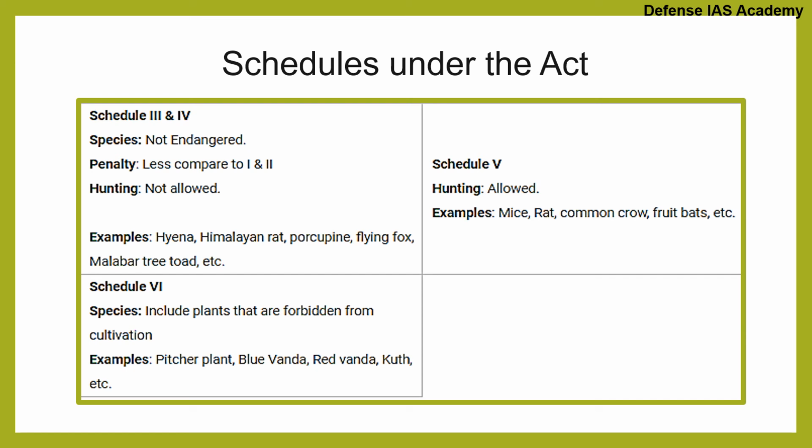Now the last schedule, Schedule 6, provides for regulation in the cultivation of specified plants and restricts their possession, sale and transportation. Both cultivation and trading of a specified plant can only be carried out with the prior permission of a competent authority. Okay, so what are the plants that come under this category?